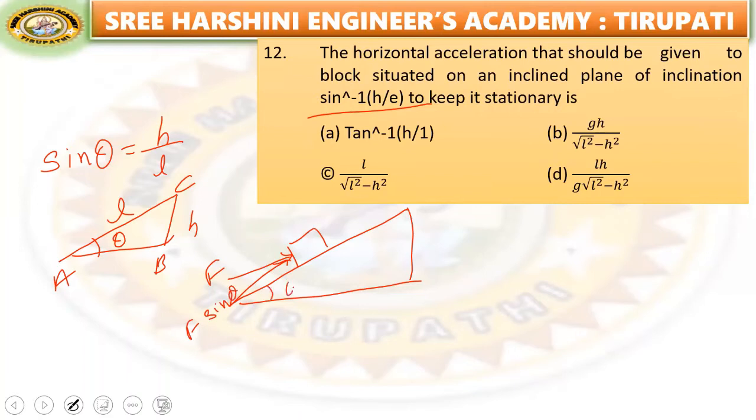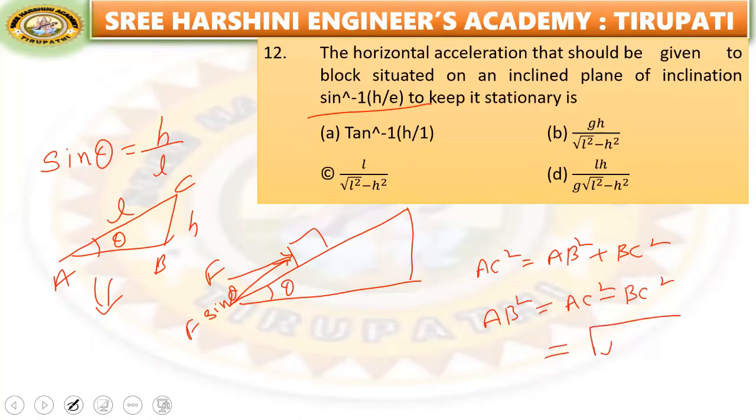From this diagram, apply the Pythagoras theorem: AC square equals AB square plus BC square. We need to find AB square, which is AC square minus BC square. So AB is root of L square minus H square.